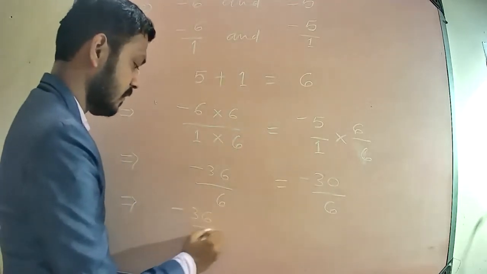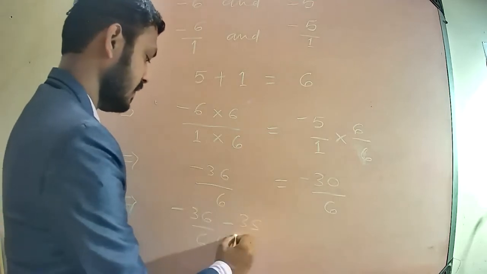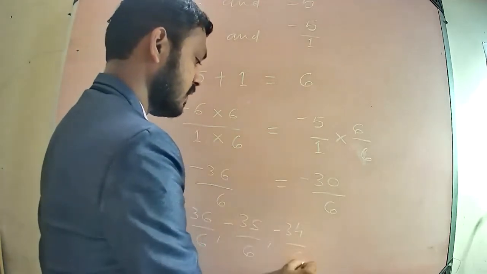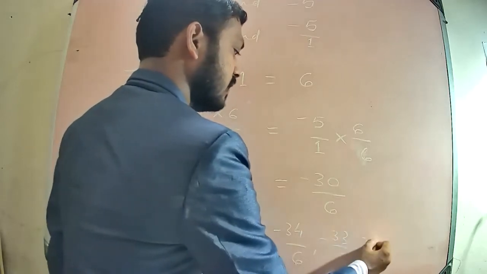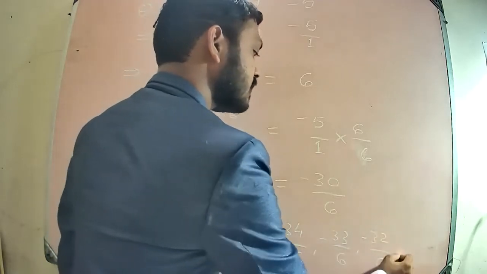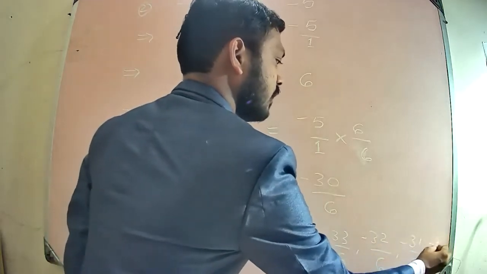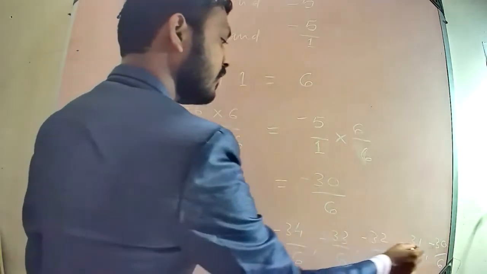So 36 by 6, then 35 by 6, 34 by 6, 33 by 6, 32 by 6, and 31 by 6, and finally 30 by 6. Okay, हमको कितना फाइंड आउट करना था? 5. 1 2 3 4 5.